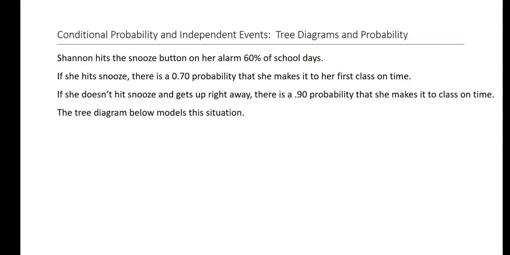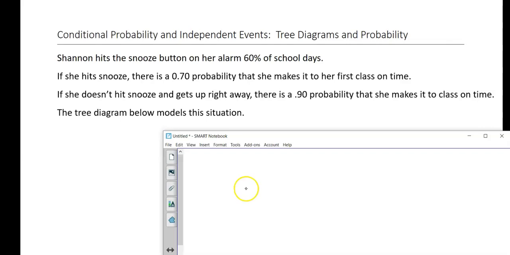Shannon hits the snooze button on her alarm 60% of the school days. If she hits snooze, it isn't always as obvious as in this question that that's the second part. But yeah, if she hits snooze, there's a 70% chance she will make it to class on time. So let's start this tree diagram from the start.